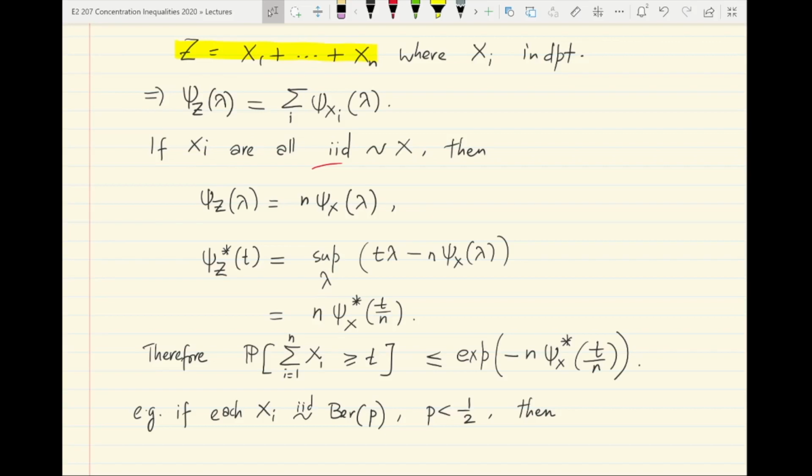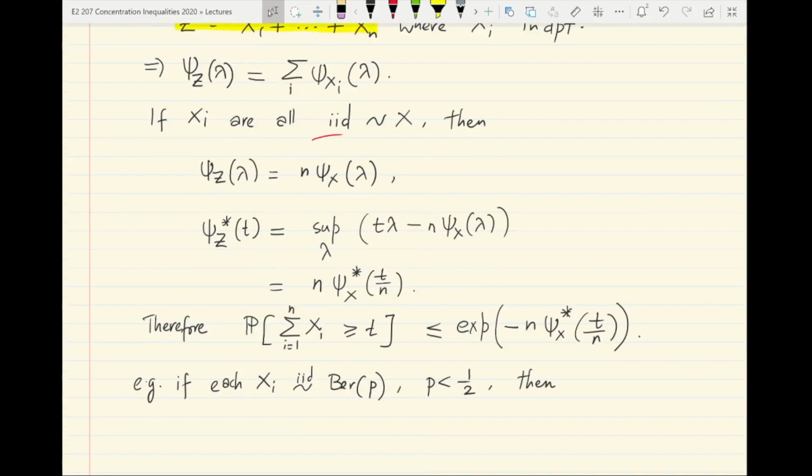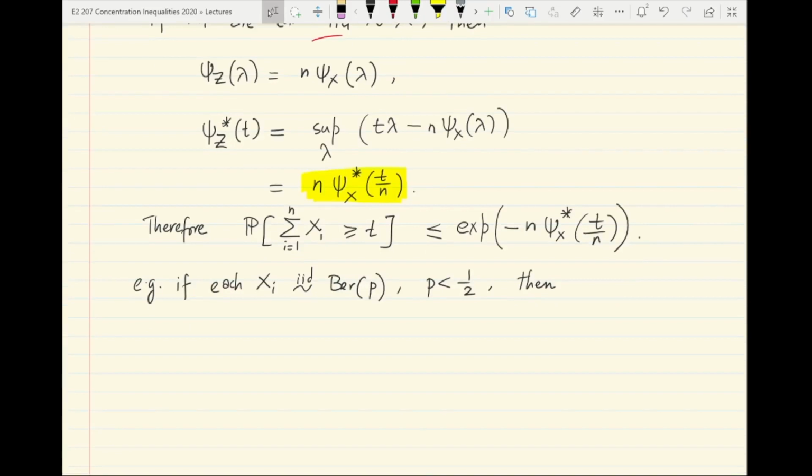And moreover, now if all the x_i's are also identically distributed in addition to being independent, then this C_z of lambda just becomes n times C_x of lambda, and consequently the Cramér transform C_z star of t just ends up being n times the Cramér transform of each random variable evaluated at t over n. Okay, this is just by algebra and using the definition of the Cramér transform.